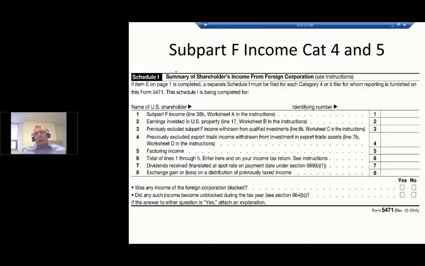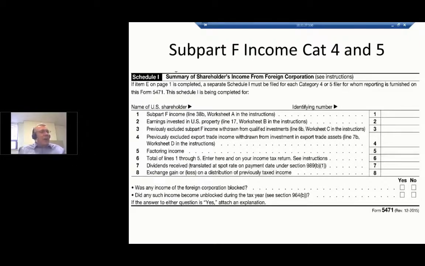It's just accumulated offshore until the foreign corporation pays a dividend or a distribution or otherwise makes that money available to the U.S. shareholder. So here on this return, you're reporting then the tainted part or the bad part of the income that is treated as Subpart F.